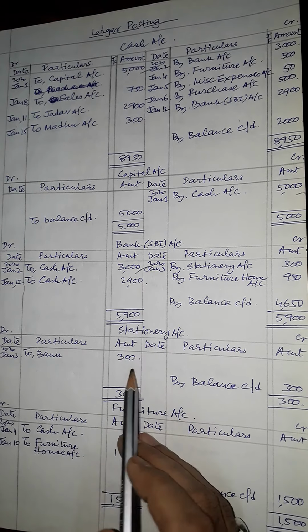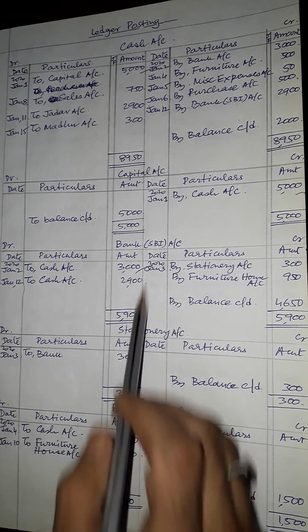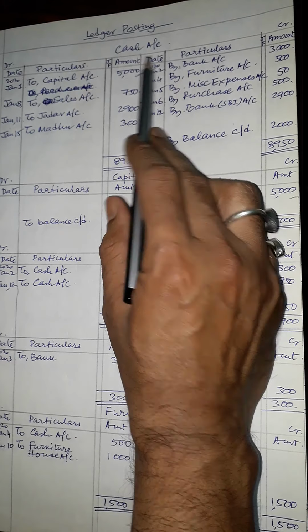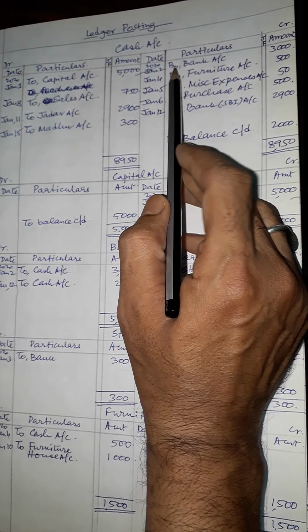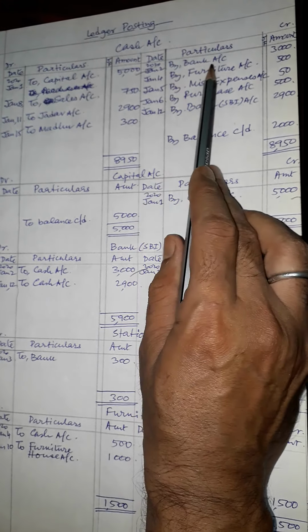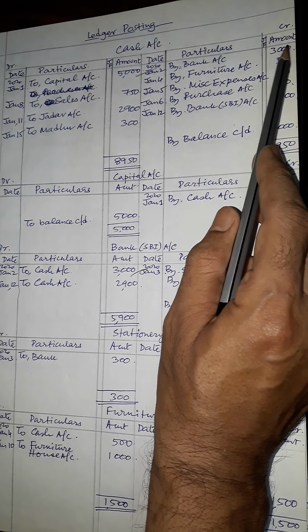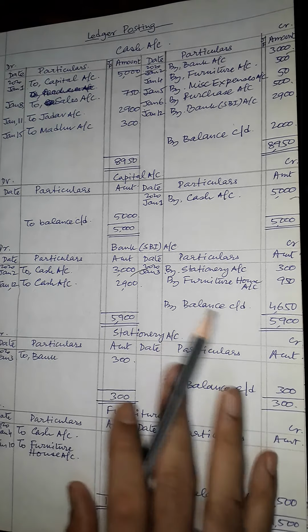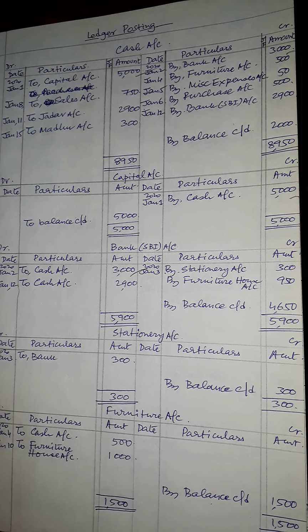Again, in cash account you will post this entry as cash account credited by bank account 3,000. So these are the two aspects of the journal entry while we post them in the ledger.